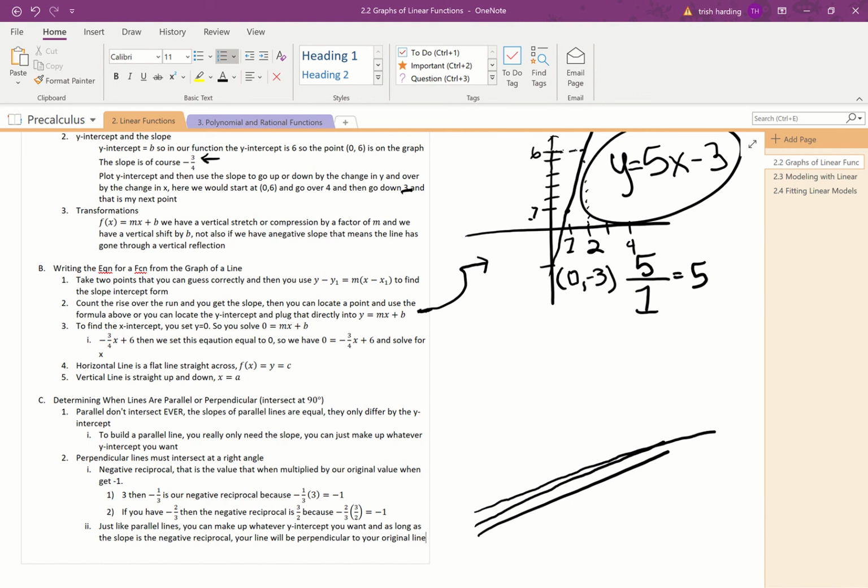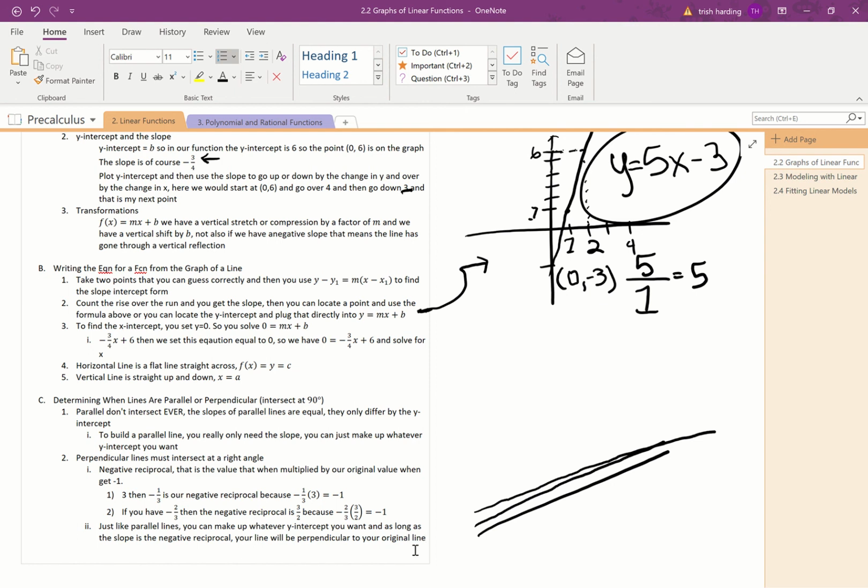And that means that if you were given an equation of a line and asked for a perpendicular line, you would just get the negative reciprocal slope and attach whatever you want as a y-intercept.